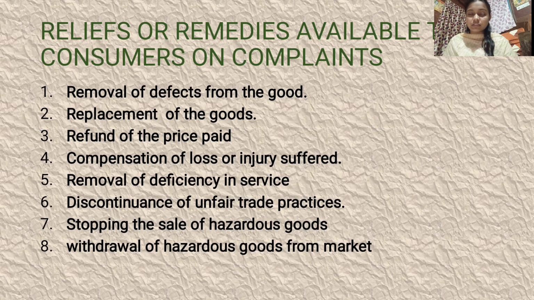Then is discontinuance of unfair trade practices. The government, the redressal forum, will make sure that there will not be any unfair trade practices in future. Then stopping the sale of hazardous goods. If any consumer has complained about hazardous goods marketed in the market, the government will take action on that and stop the sale of hazardous goods.